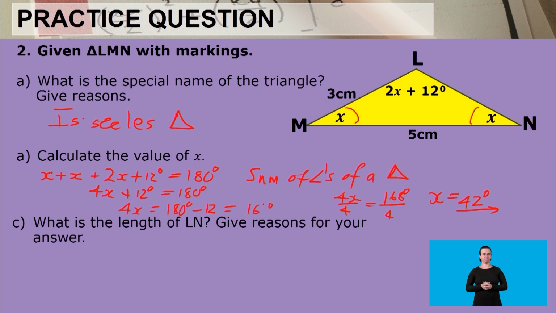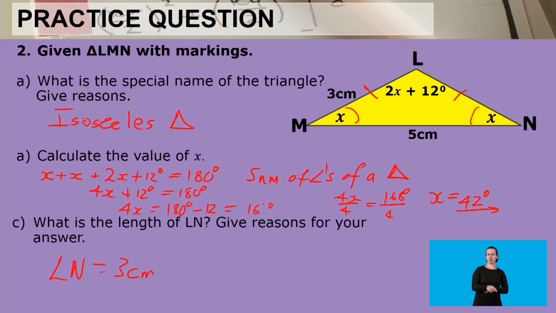Then the next question, what is the length of LN? Look at that. As we said, angle M equals angle N, therefore that means this side is equal to that side because this is an isosceles triangle. And because of that, LN equals 3 centimeters.